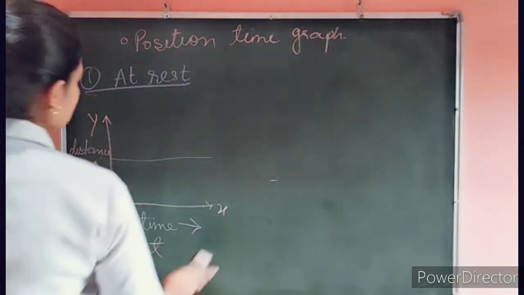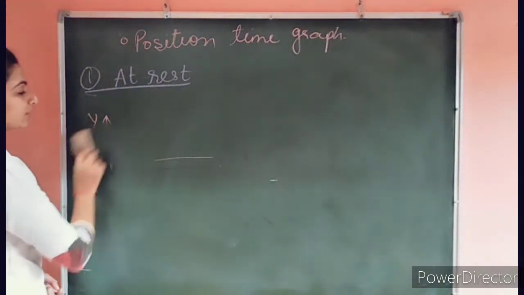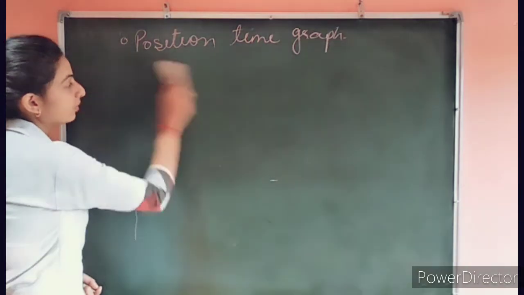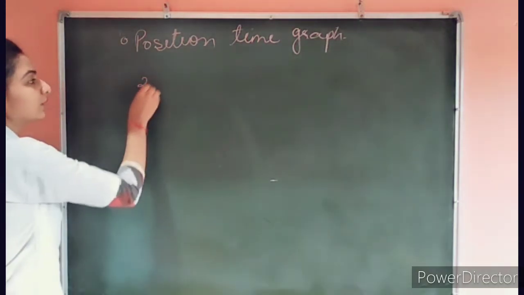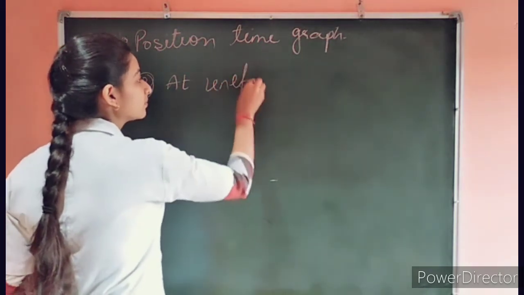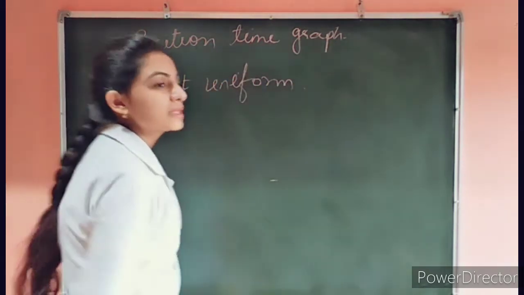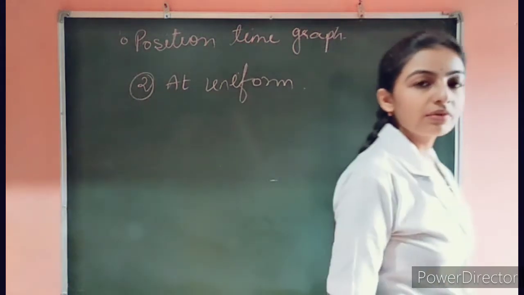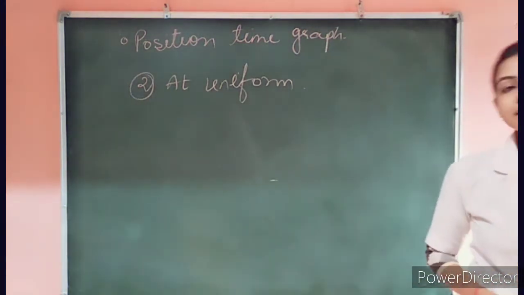Now, second, we discuss uniform motion. Uniform means the distance traveled by an object in equal intervals of time.